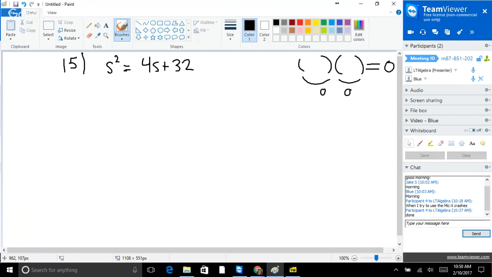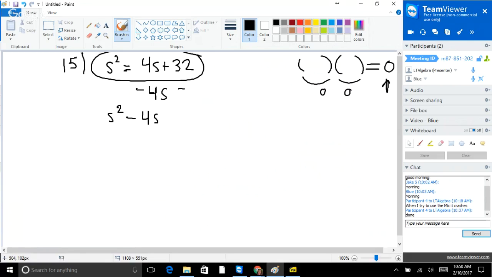And so what we're trying to do is get an equation that equals 0, and then we're going to try to get something times something equals 0. So the first thing that we want to do when we look at these problems is say, okay, let's make this equal 0. So I can do that by, if I subtract 4s from both sides, I get s squared minus 4s.